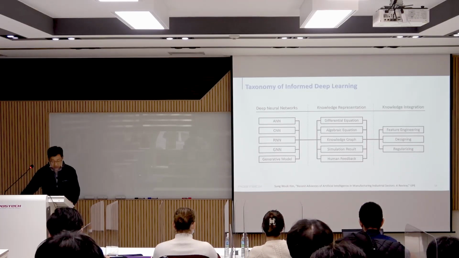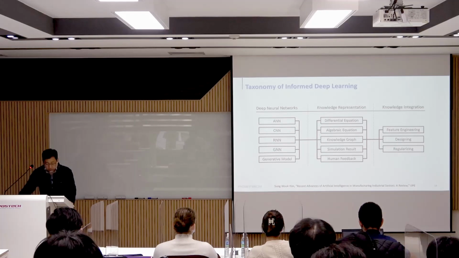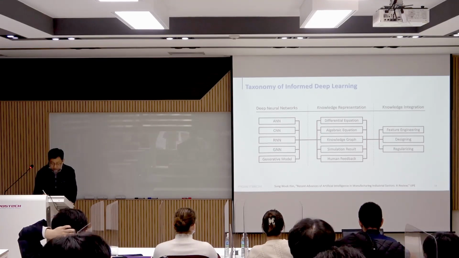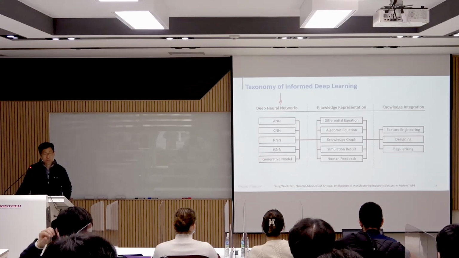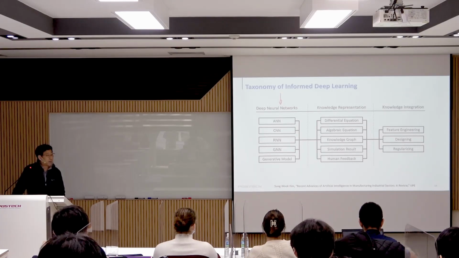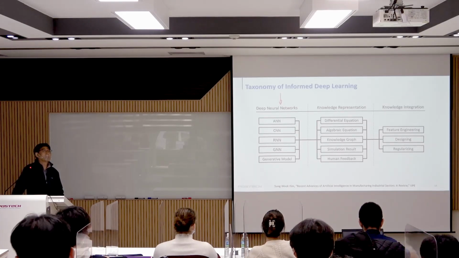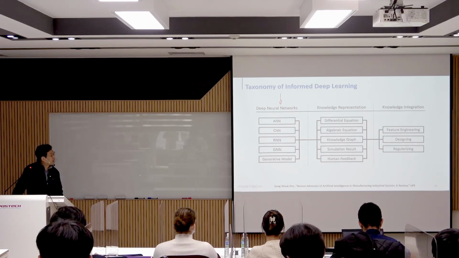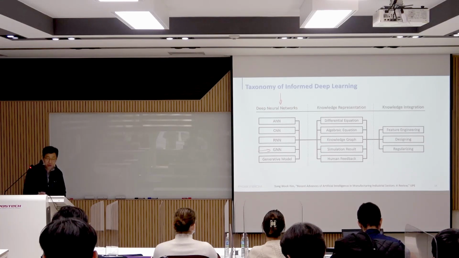So let's see more here. For deep neural networks, there are many structures that we learned so far. Remember, we started with ANNs, CNNs, RNNs, and this one we're going to cover right after these topics.